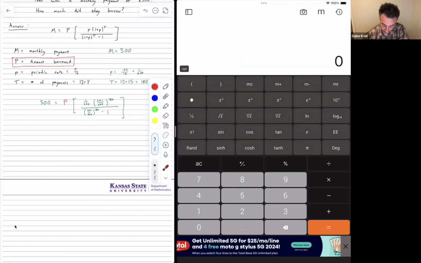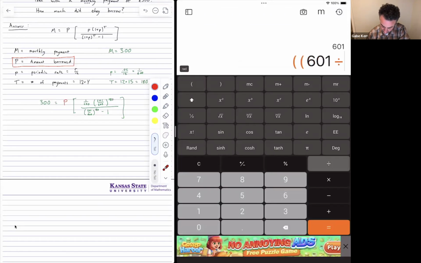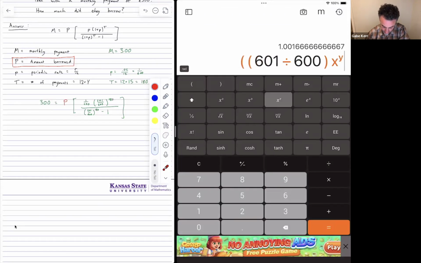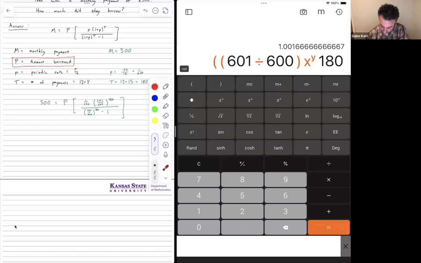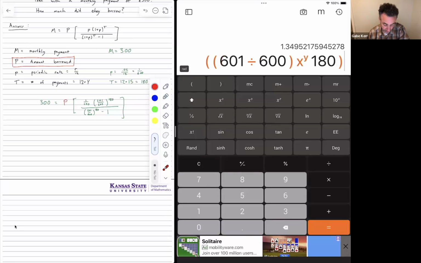And I'm going to take first 601. I'm going to divide it by 600. I'm going to take the resulting number and take it to the 180th power. And I'm going to put that all in parentheses. I'm going to multiply that by 1 over 600.